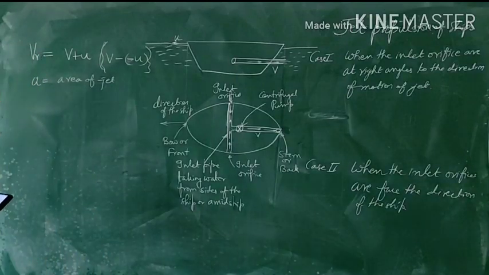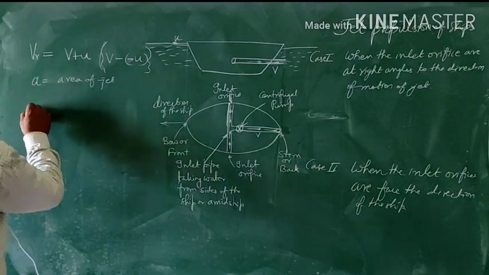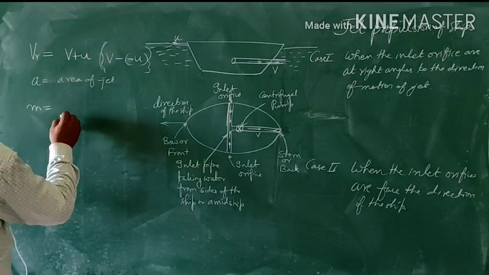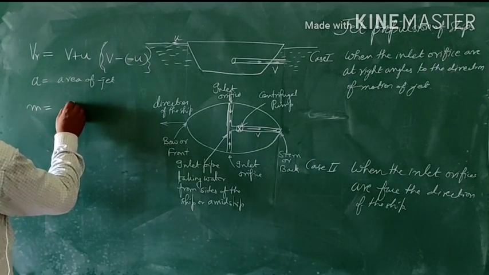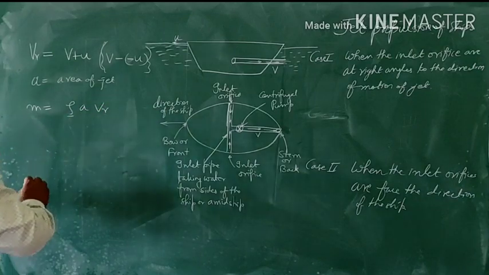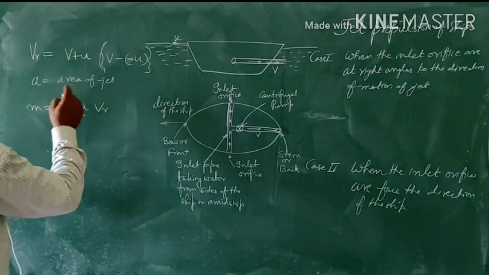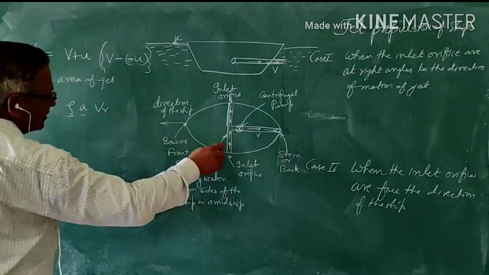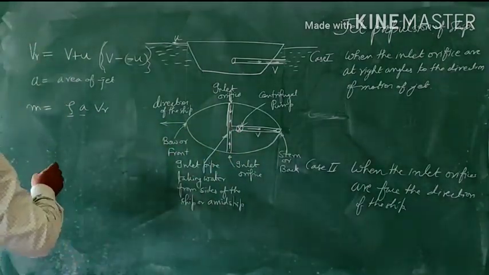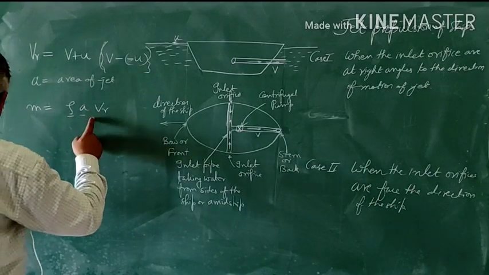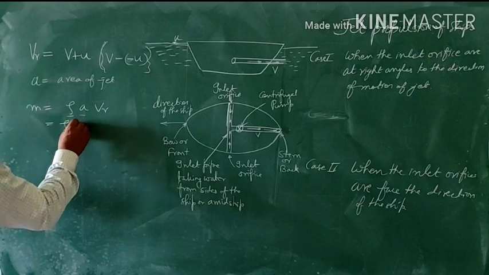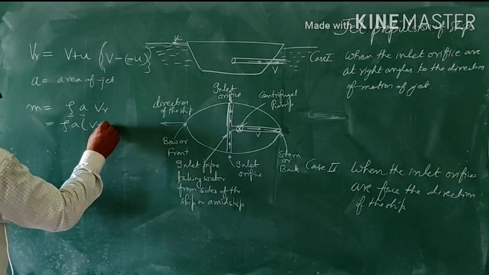If we want to find the mass flow rate issuing from this jet, it will be equal to rho A Vr. Rho is the density of the water, A is the area of the jet, and Vr is the relative velocity of the jet with respect to the ship. This can be written as rho A (V plus U).